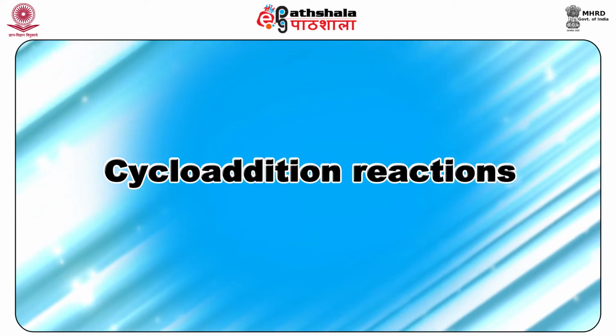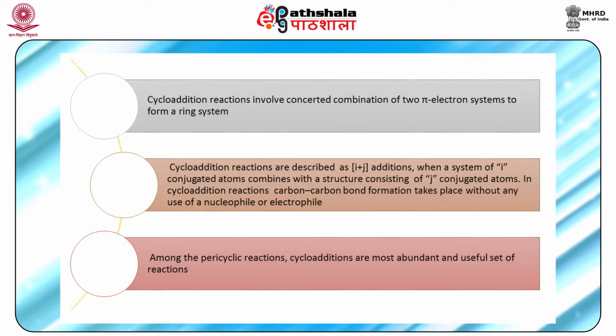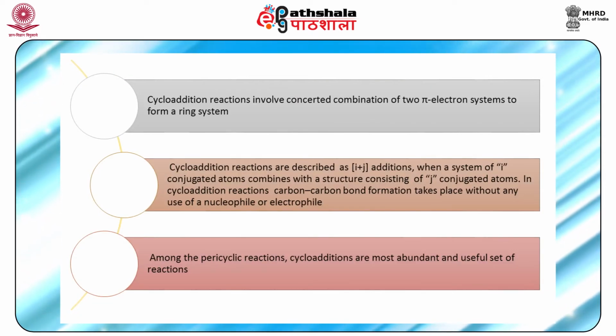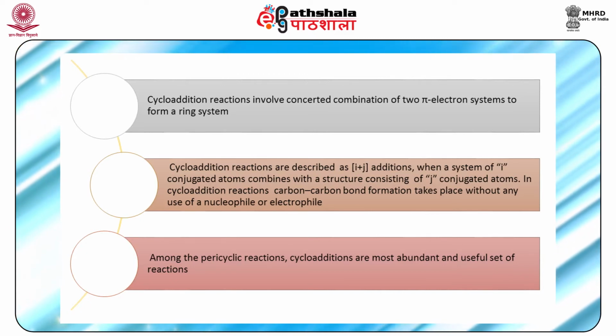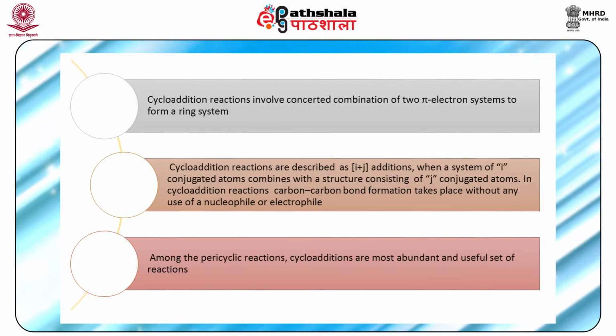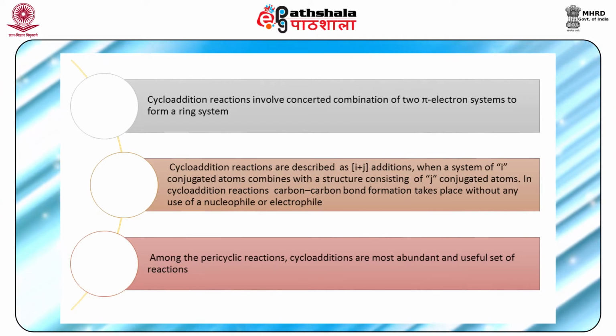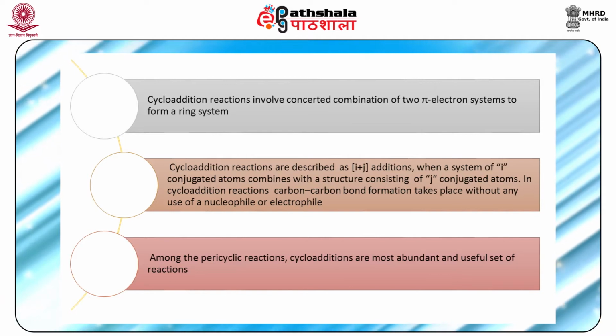Now let us study cycloaddition reactions. Cycloaddition reactions involve concerted combination of two pi electron systems to form a ring system. Cycloaddition reactions are described as [i+j] additions, when a system of i conjugated atoms combines with a structure consisting of j conjugated atoms.